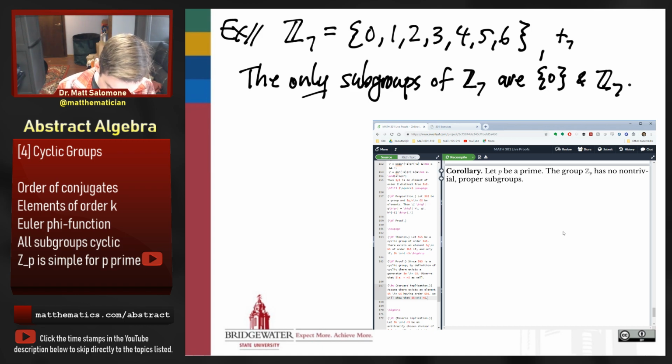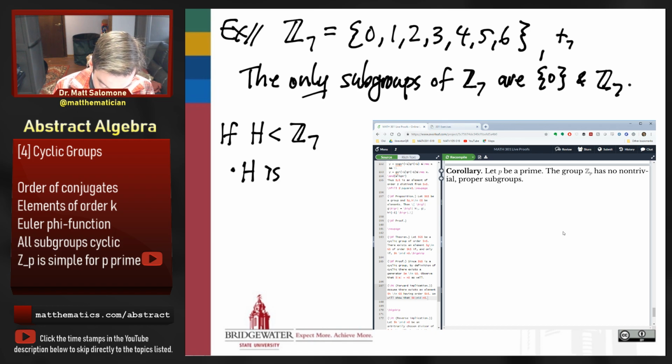And so the logic might be as follows, that if H is a subgroup of Z7, let's say, right? I'm going to stick with this example for a minute. Then we know for sure that H is cyclic, because Z7 is cyclic.